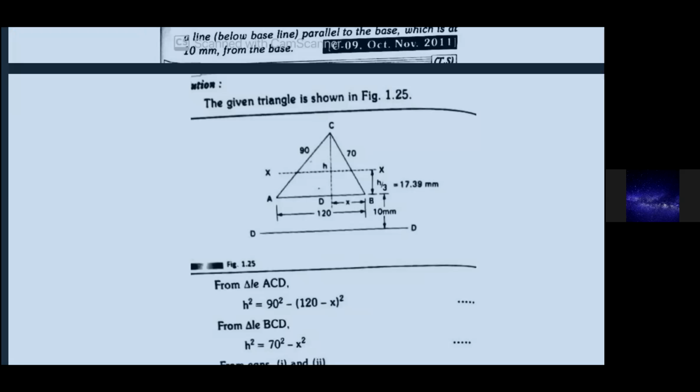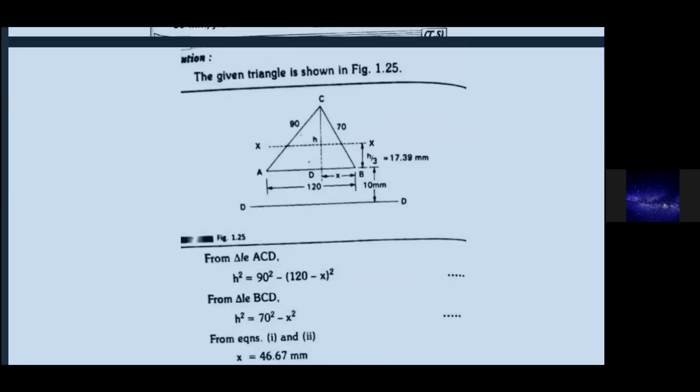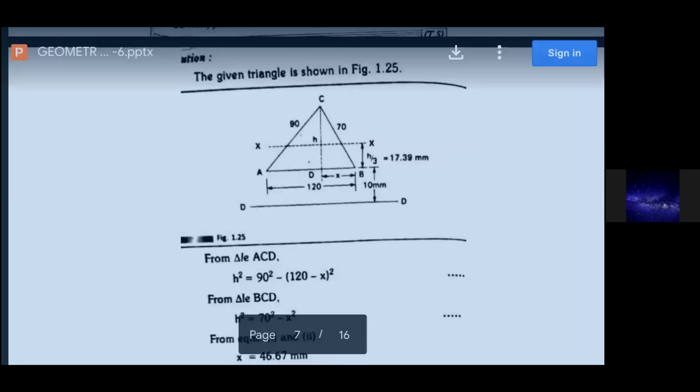For finding the value of that height, from triangle rules you can find it. Assume small x is the distance AD, and the height of the triangle is CD. From triangle ACD, h square is equal to 90 square minus (120 minus x) whole square.